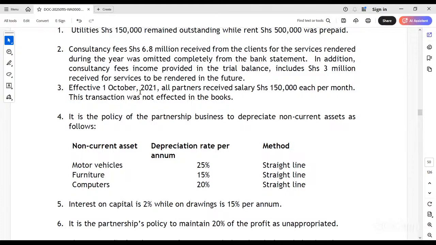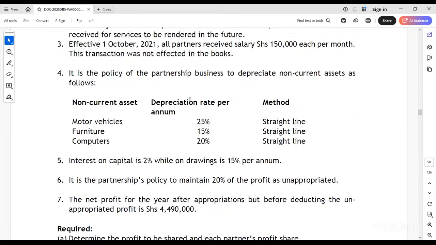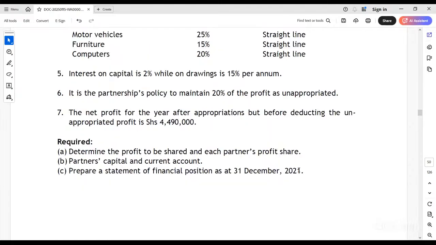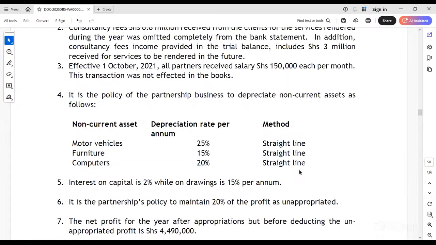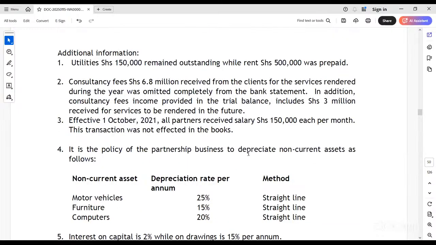So effective on 1st October 2021, all the partners received a salary of Shillings 100,000 each per month. This transaction was not effected in the books. So we have to find out the salaries so far. They're reporting on 31st December 2021, and effective 1st October, so we have to get salaries for October, November, and December.